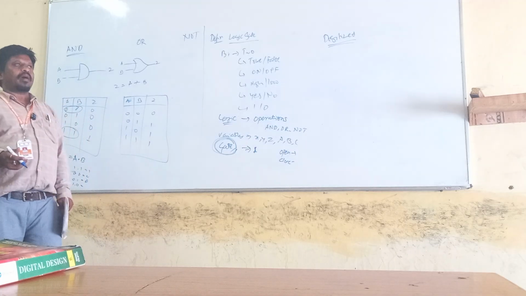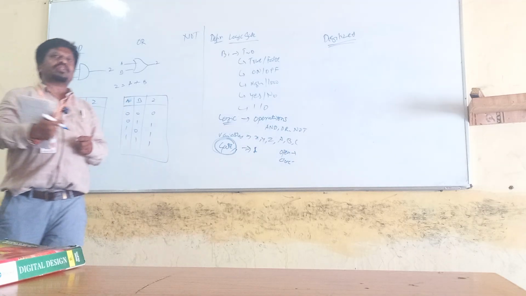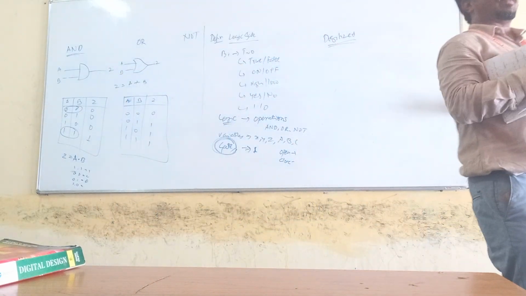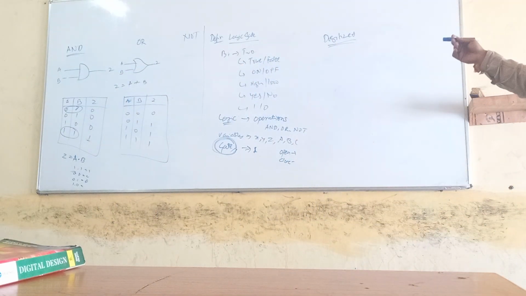It means OR operations are always done with the help of the plus operator, and the one condition is that if any one variable is high, then definitely my output is high. In the AND operation, if any one input is low, then definitely the output is also low. You should remember either of the two.